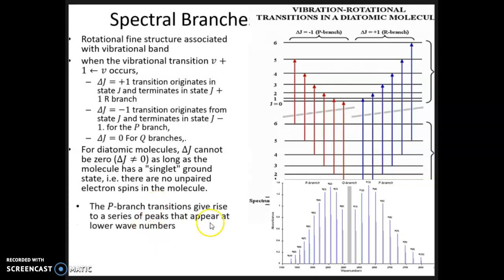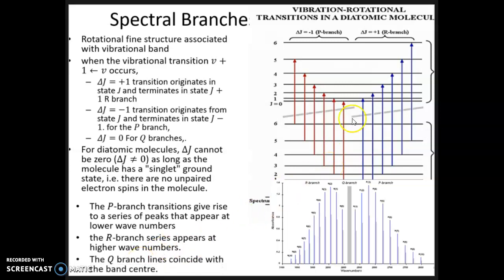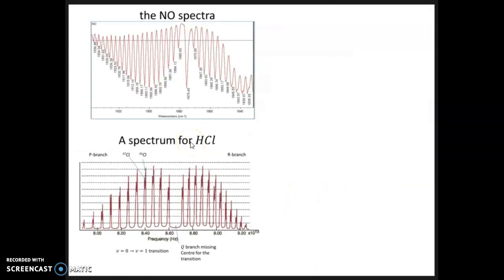The P branches appear at lower wave numbers because delta J is -1, and the R branches appear at higher wave numbers, and then the Q branch just coincides with the center of the band, called the band center. The center of the band is where the vibrational transition takes place.